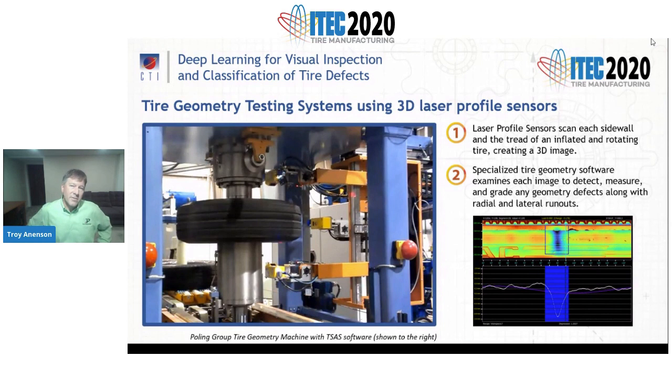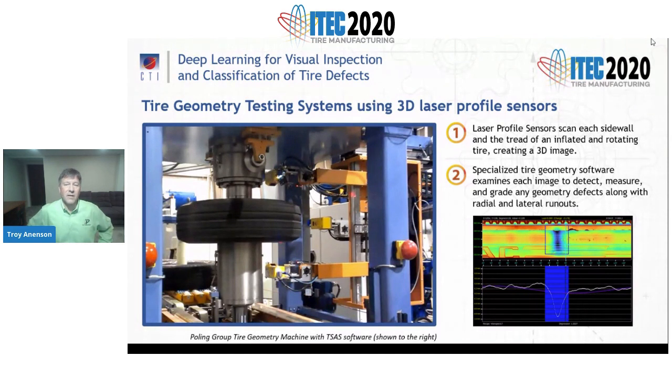So towards the beginning of this century, many tire manufacturers began investing in tire geometry systems using 3D laser profile sensors. Sometimes these systems were called sheet of light systems or even line lasers. These sensors scan each sidewall, top and bottom, and the tread of an inflated tire to create a 3D image.